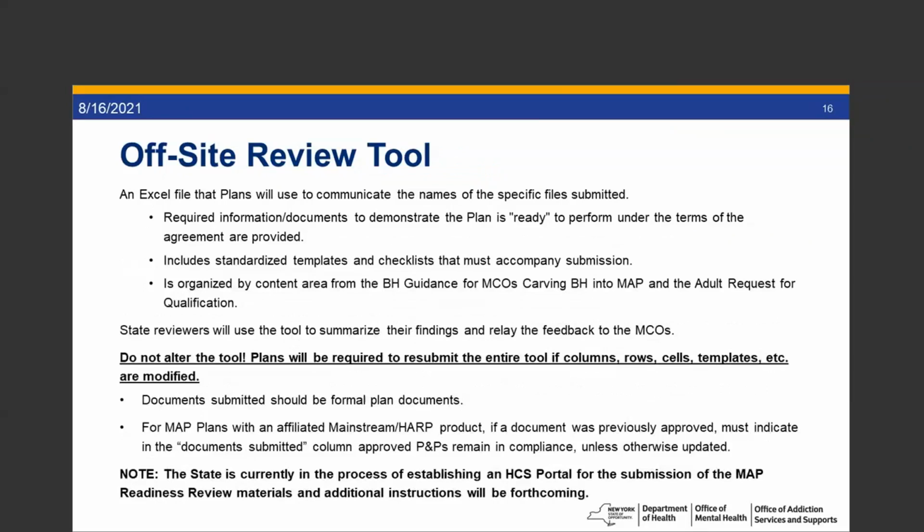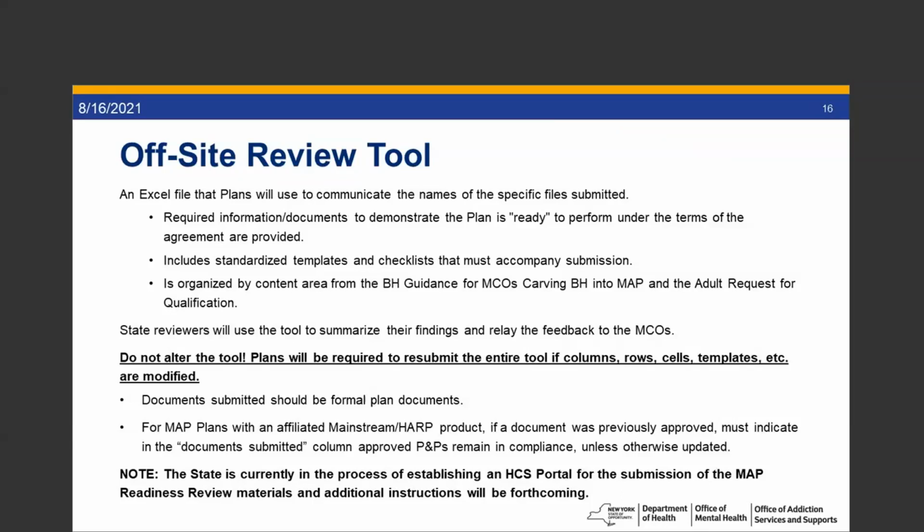So whatever documentation or other materials the plan would submit to show that they have the policies and procedures or systems in place, et cetera. The requests within that tool come from both the BH requirements document and the adult request for qualification. This tool will be used to report feedback to the plans once the state has an opportunity to review.